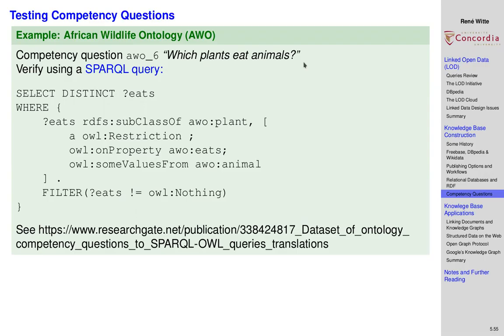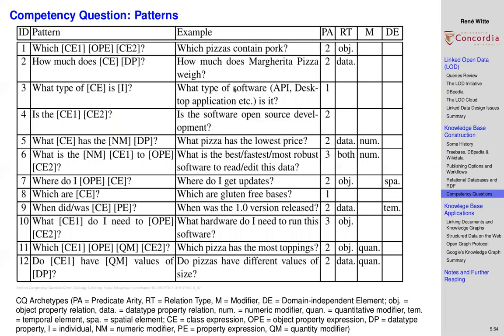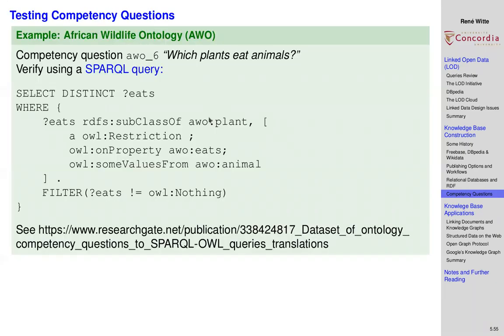So how can you verify that after you designed the knowledge graph, that it's actually able to answer it? One way of doing it is writing a SPARQL query. Essentially, you translate your competency question into a SPARQL query that answers the competency question.